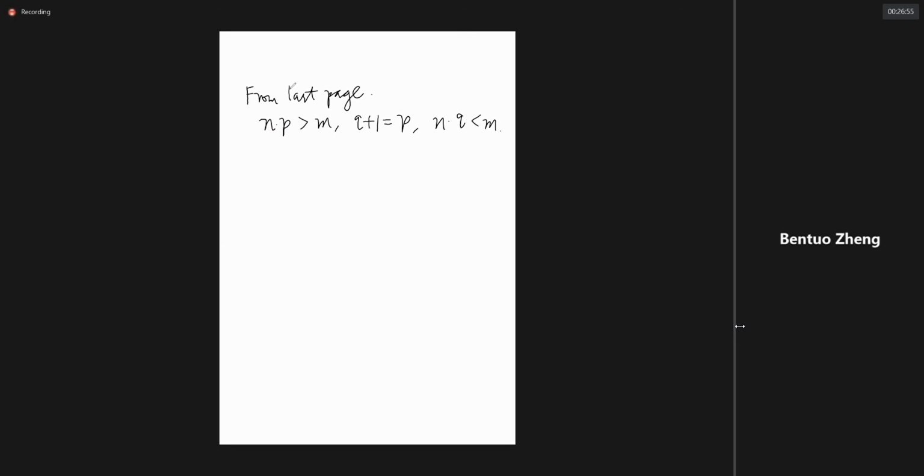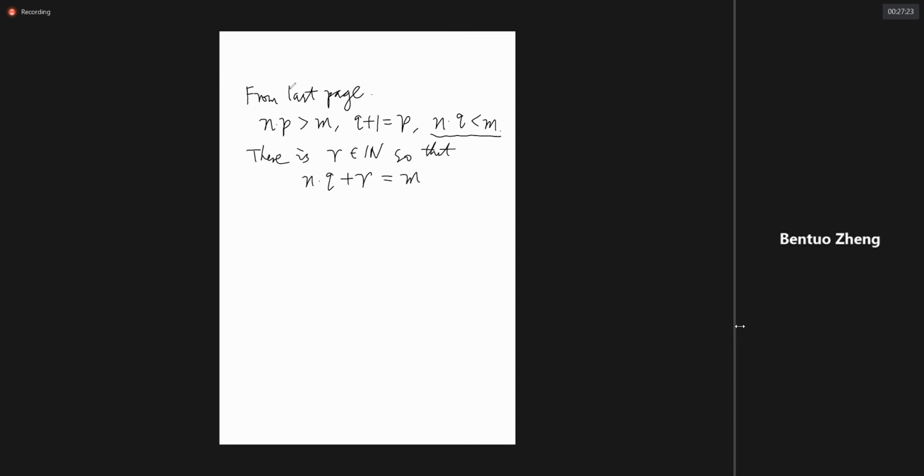Now, since N times Q is less than M, we know that there is an R in N so that N times Q plus R is equal to M. So what property of the natural numbers justifies this?